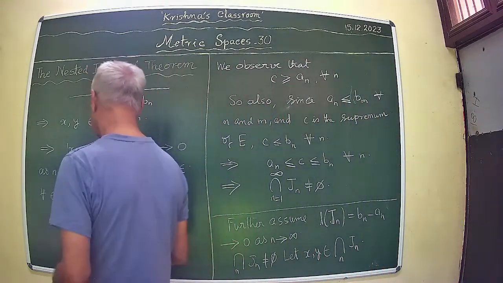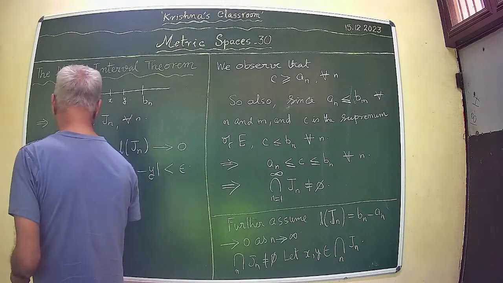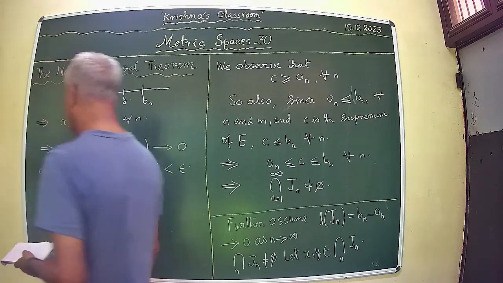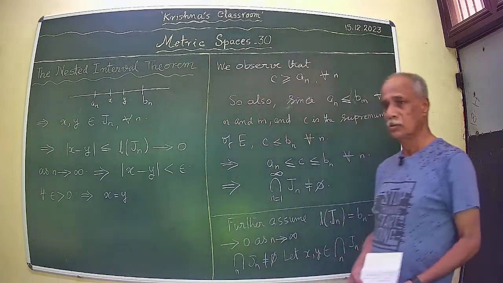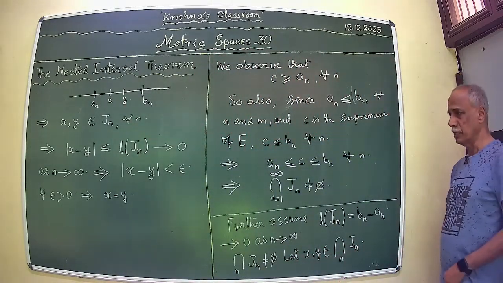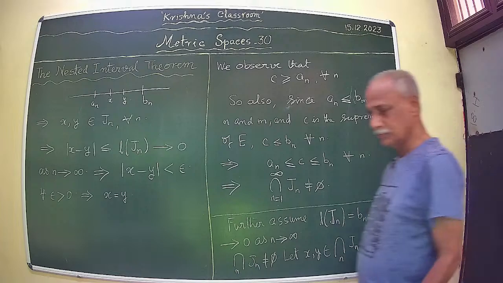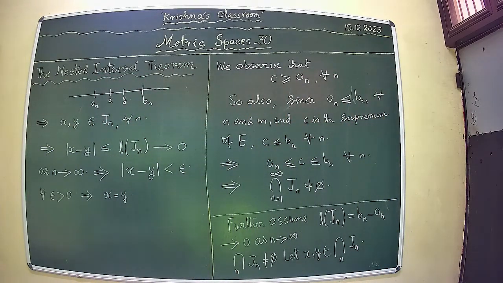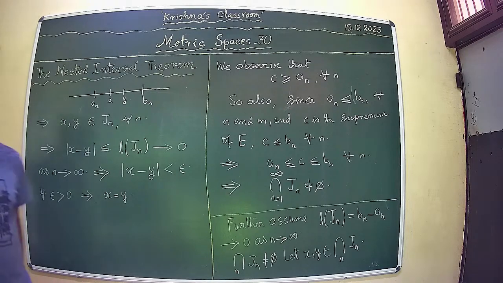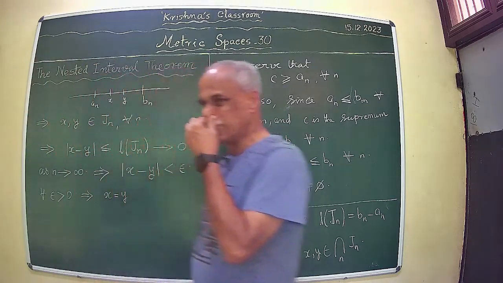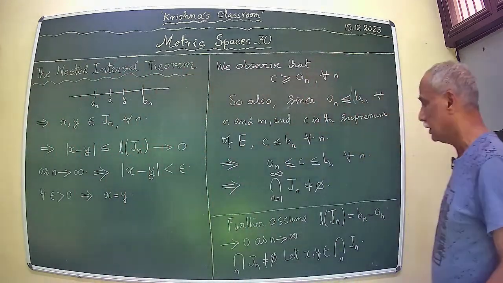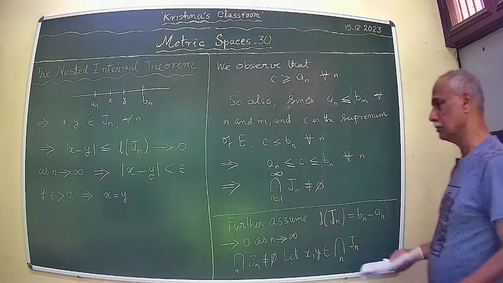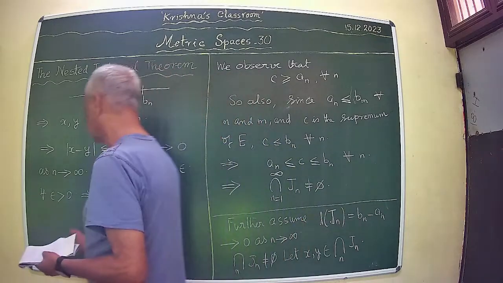What does this mean? So there is a unique limit for an, and the limit of an and the limit of bn become the same, in the special case that the length of these intervals go to 0. So that completes the proof here.